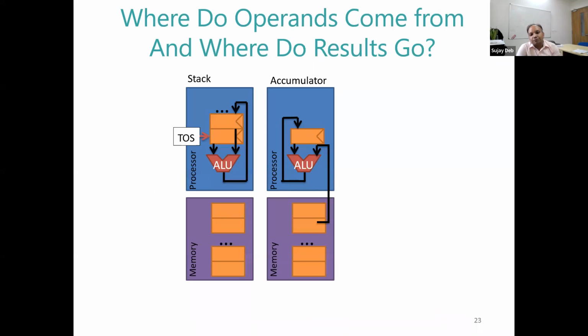So here, one of the operands which the ALU works with is a specific register called the accumulator. And the result is also stored in the accumulator. So here you see that this is our ALU. One operand is coming from the accumulator, the other operand is coming directly from memory, and the result is stored in the accumulator.